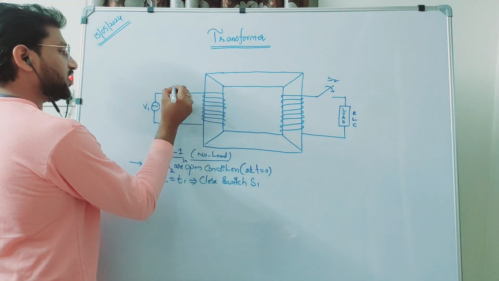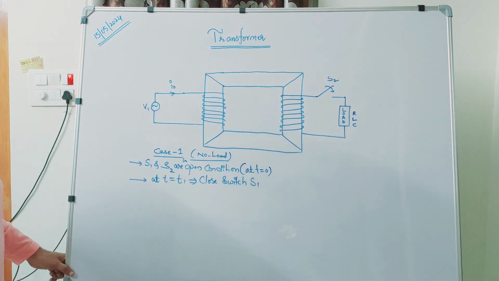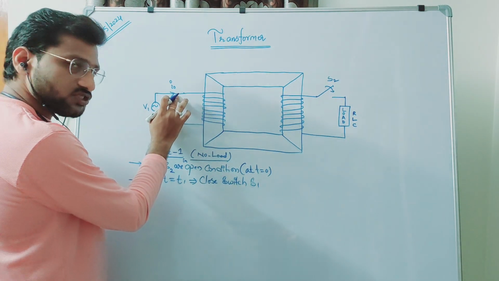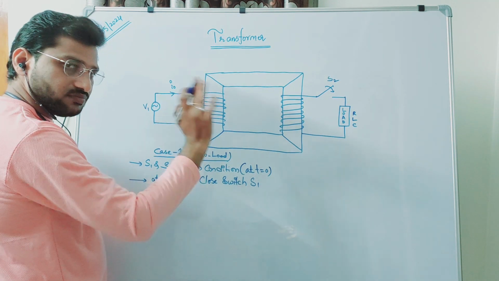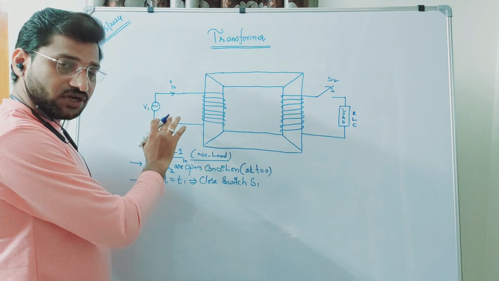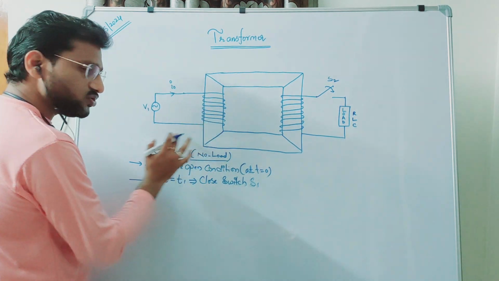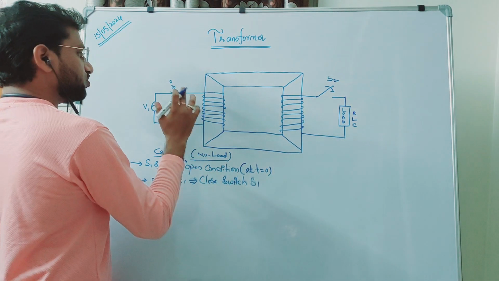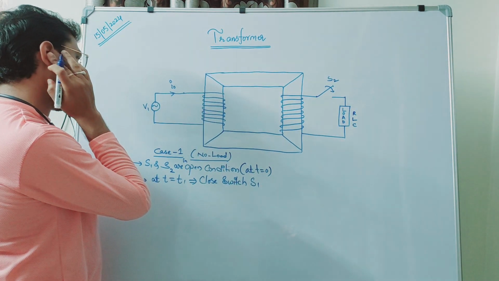Now this will draw a current of I0. Once you close the switch S1, the primary circuit becomes closed. Initially it was open condition, now it is closed condition. Since it is a closed path, the current will start flowing. So this winding will draw a current of I0 amperes.